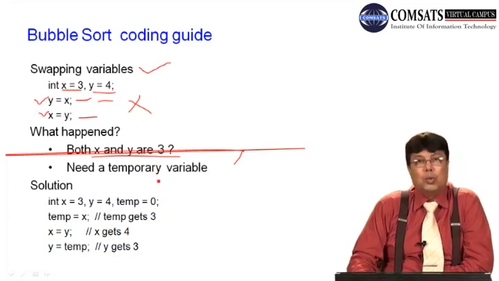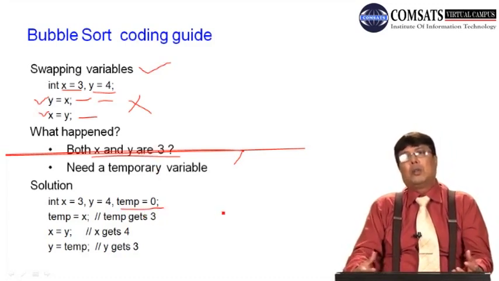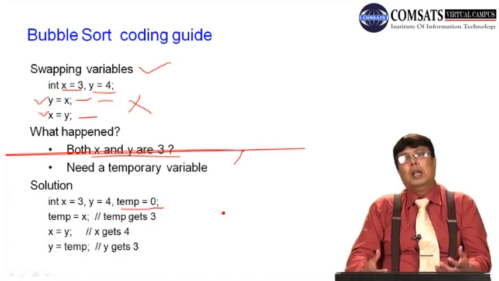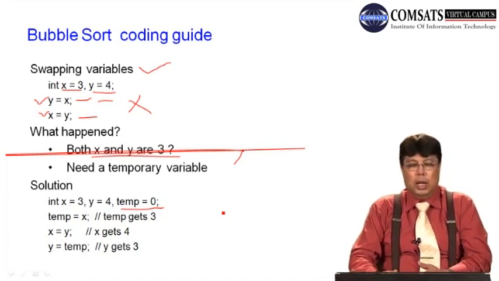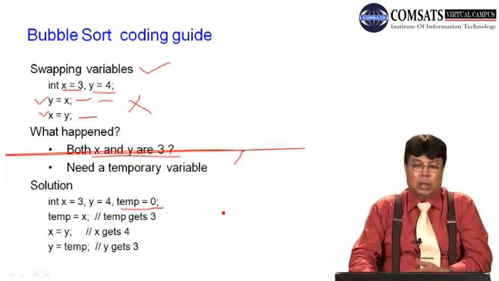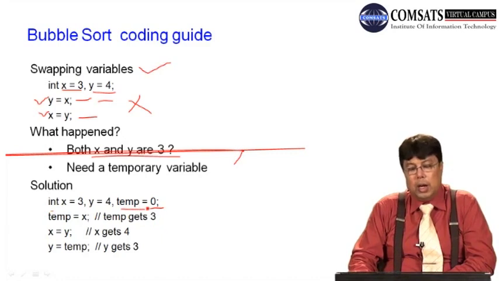In order to swap two elements, we need a temporary location. I mean, आपको पहले भी एक दफा बताया था कि if you want to interchange the contents of two containers, you require a third container also. So first, you put the contents of one container into the temporary or third container. Integer x is equal to 3, y is equal to 4, and the third container is temp, which is equal to 0 initially.